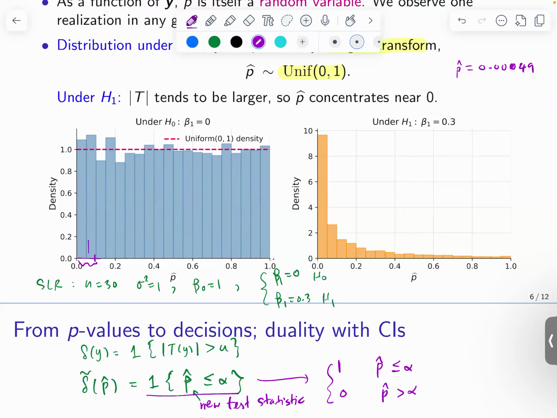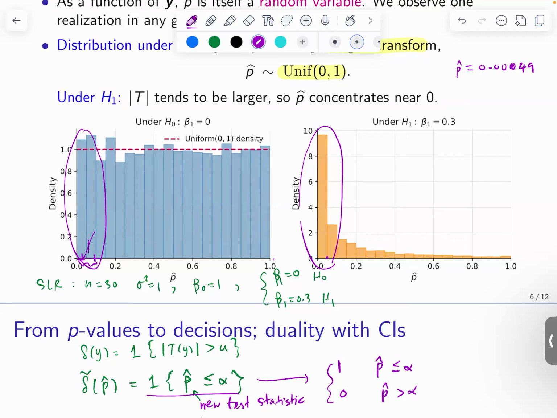Or you can be a little bit surprised if the null was true, because it would be unlikely that you see it. A lot of mass would be here, versus here there would be a small amount of mass. So under the alternative, that's more likely to be seen than under the null model.